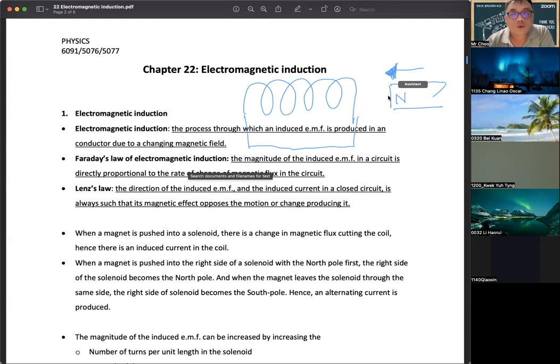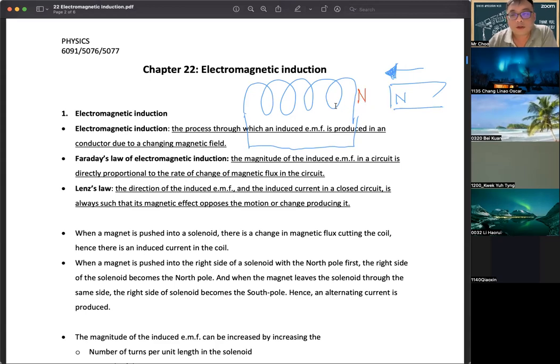As it's moving in, the pole down here will be trying to oppose the magnet coming in. To oppose it coming in, it should not be attracting. Opposing is repelling. So in this example, it needs to be the north pole here as well.